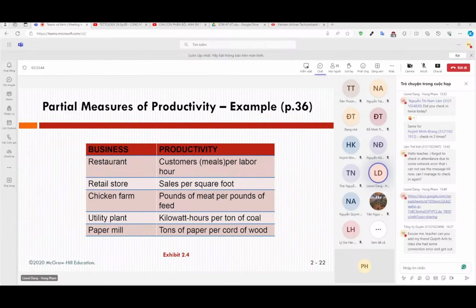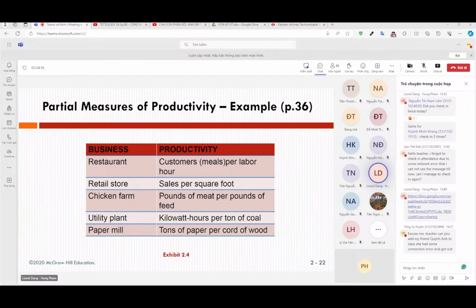Usually, when you measure the productivity, you can take the sales per day, for example, and divide it by the labor hour. For example, you open the restaurant for 16 hours, so for 16 hours you have a certain cost to employ people to run the restaurant.